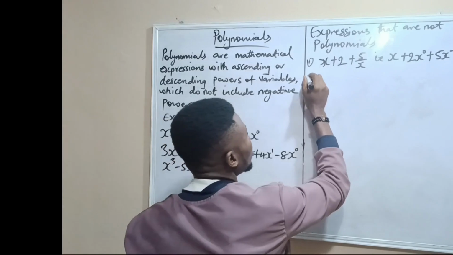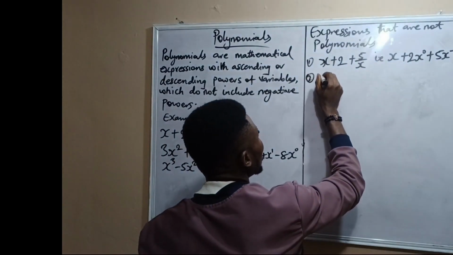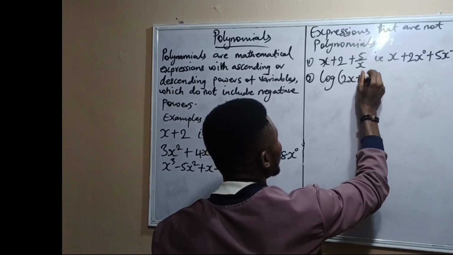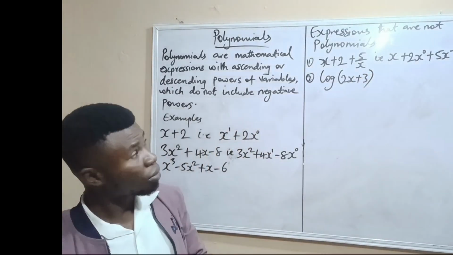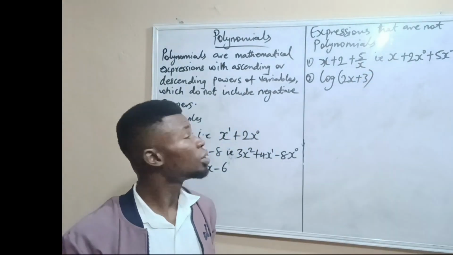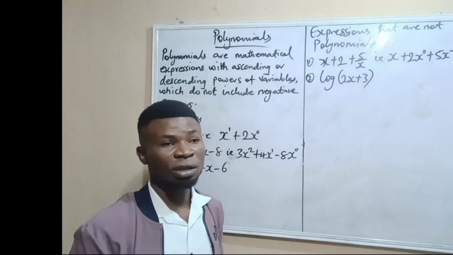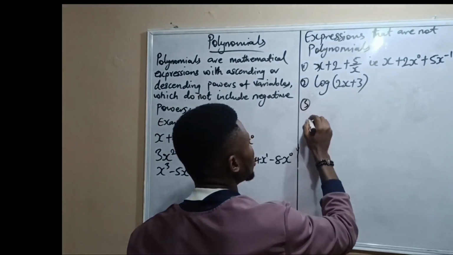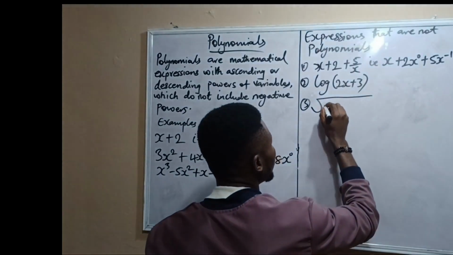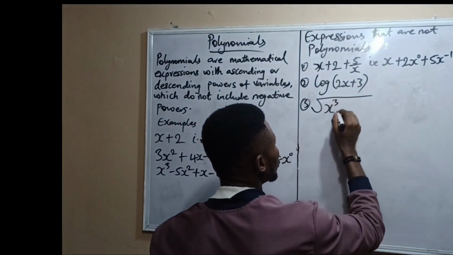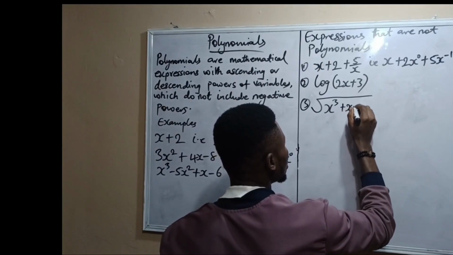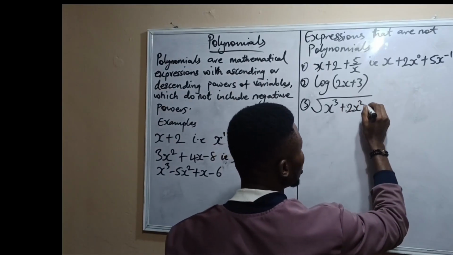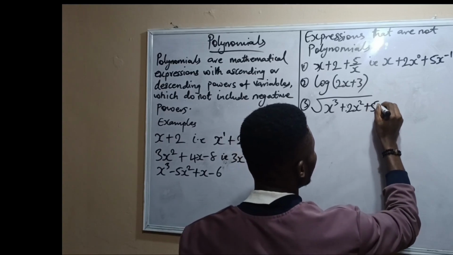Another example is something like log 2x plus 3. This expression also is not a polynomial. Reason: it has a logarithm. Another one is something like square root of x cubed plus 2x squared, then plus 5x.